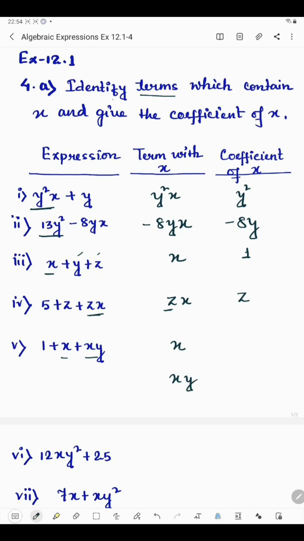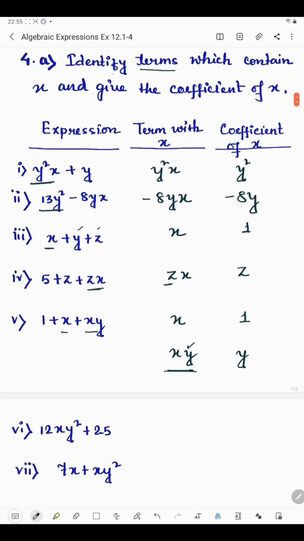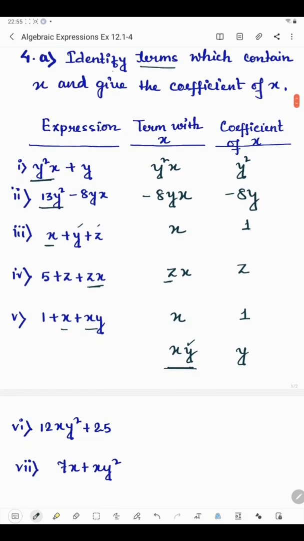Since no digit is present with x, we'll write 1 as the coefficient of x. From the term xy, since y is with x, the coefficient of x will be y only.